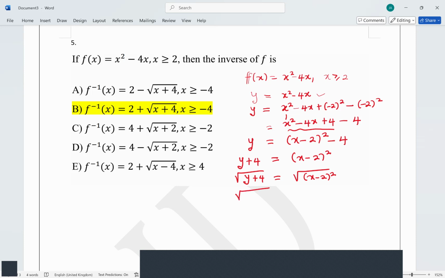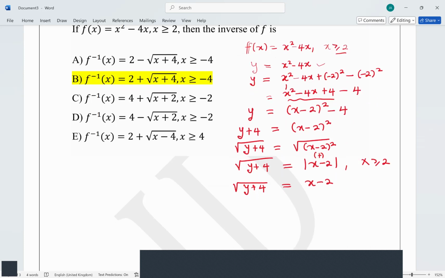Now this will give us root of y plus 4, and this will give us absolute value of x minus 2. Now note that we have a condition on x, and that condition is x greater than or equal to 2. So because x is greater than or equal to 2, we know that here is always going to be positive. So this is root of y plus 4, and this is just going to be x minus 2.